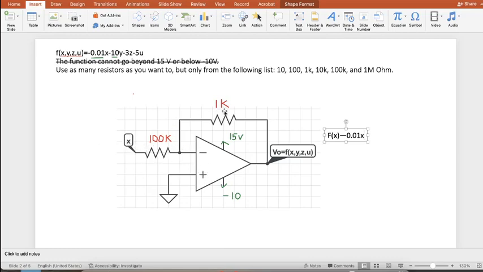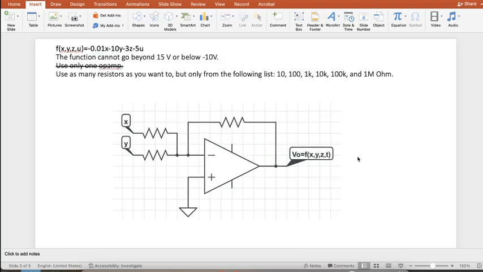That means it is inverting, and it's dividing by 100 because it's RF over RI. So far that's all I have. Anyway, it's just temporary. So once we have this, let's go to the next slide and try to add Y.